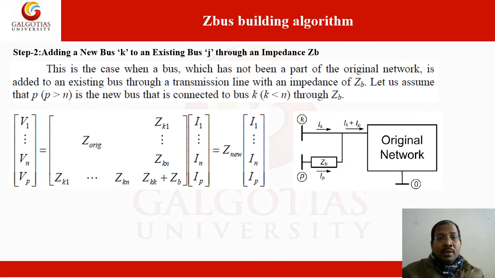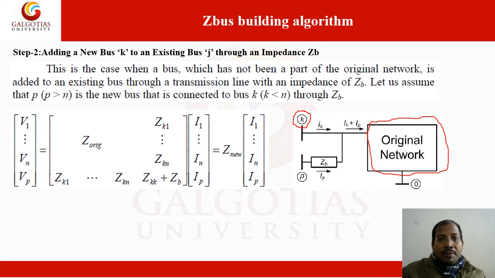Now come to step 2: adding a new bus K to the existing bus J through an impedance ZB. Here we have the original network impedance, and we are adding a new bus K. We want to connect this K bus to the existing J bus through an impedance ZB.